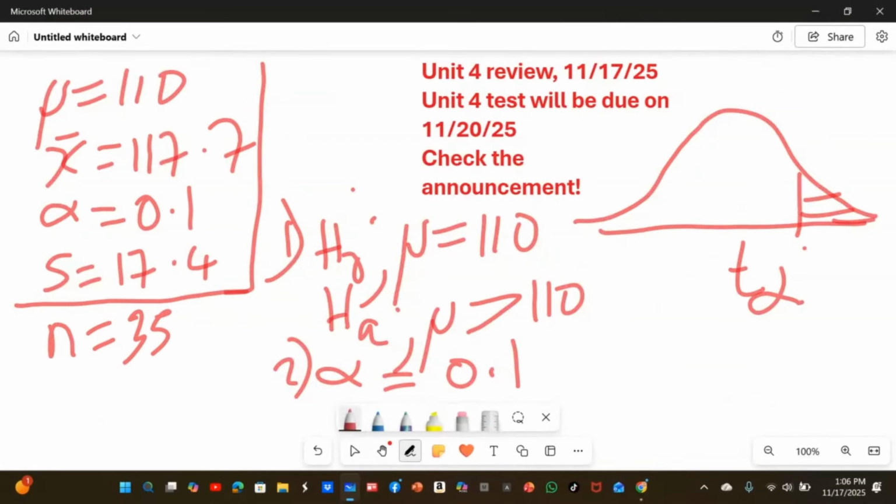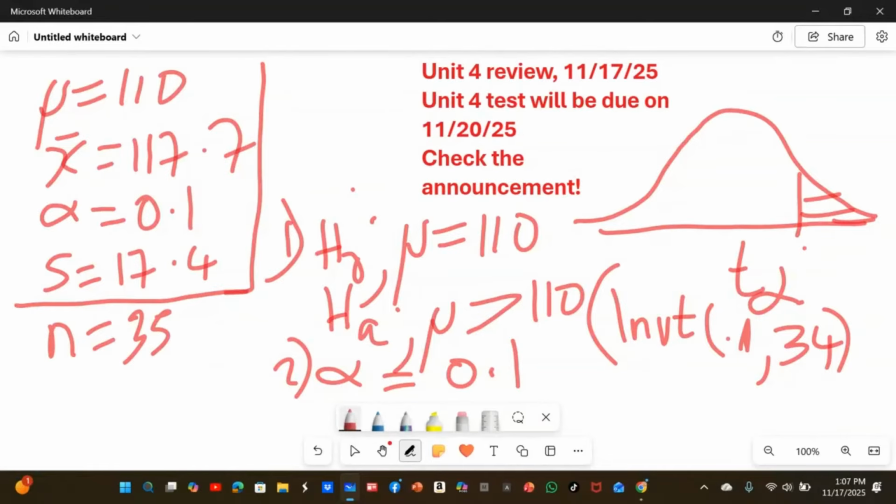So we can find the critical value, inverse t. Area to the left in decimal is 0.1, 10%. The degree of freedom is sample size minus 1, which is 34. So we're going to use our calculator to calculate the critical value. The critical value, remember, is the boundary line.